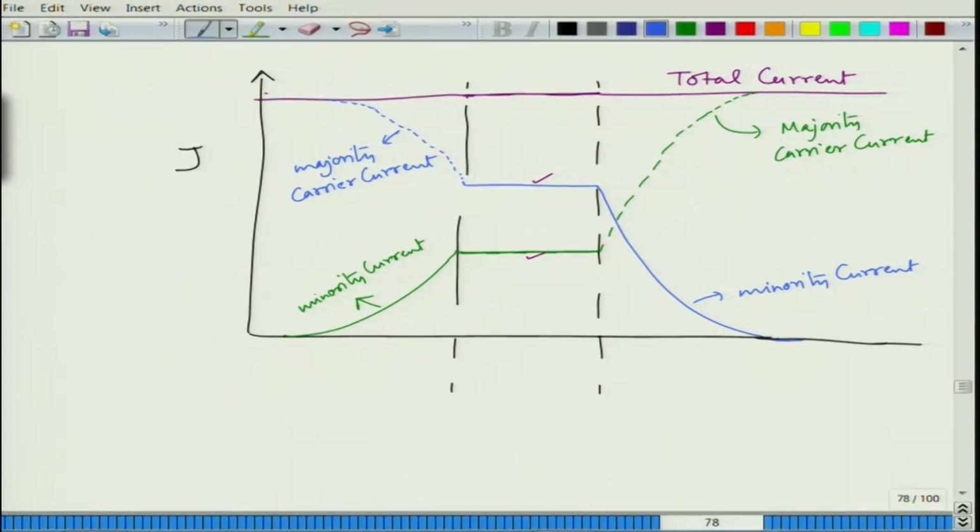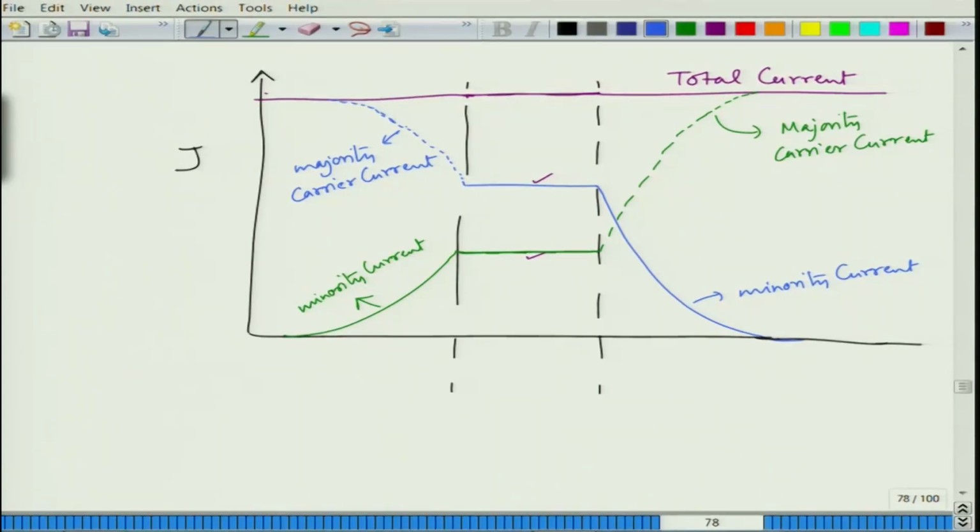That gives us a complete picture of how different carriers are contributing to the total current across the p-n junction diode. On the left hand side you can see the majority carrier is shown by this blue plot.